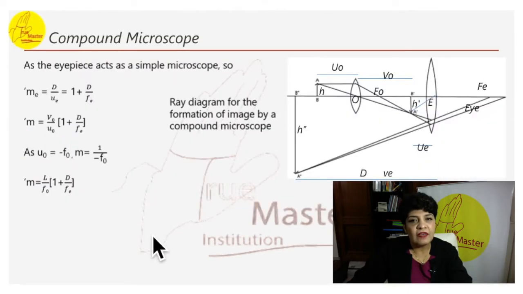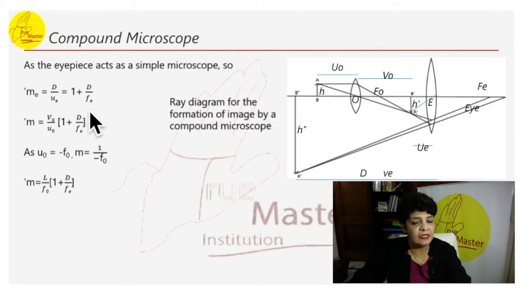Now we are going to derive this particular formula. How are we deriving this formula? We know the value of ME is D by UE, which is equal to 1 plus D by FE. Where is this formula coming from? This is coming from the simple microscope. We have already derived that. So if you have not watched that video, I request you to first find out where this derivation is coming from. So this becomes the magnification of the eyepiece.